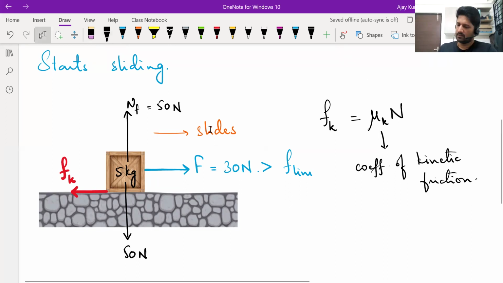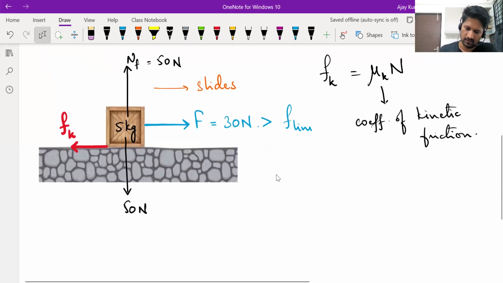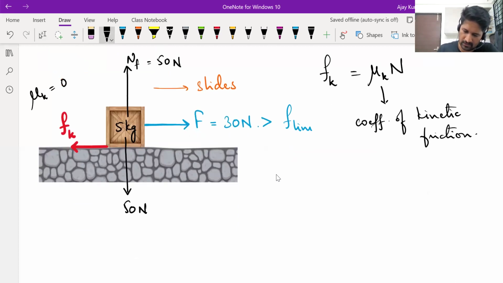So now listen, suppose the coefficient of kinetic friction in this case is 0.2. Quickly tell me, how much will the friction acting be? You can see the normal force and all. So how much friction will be acting on the block now?